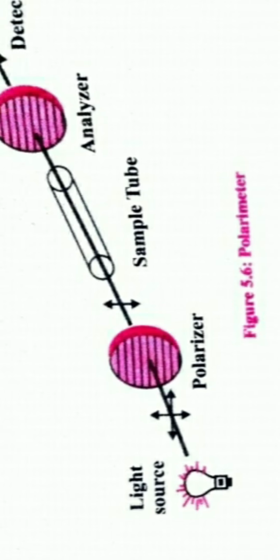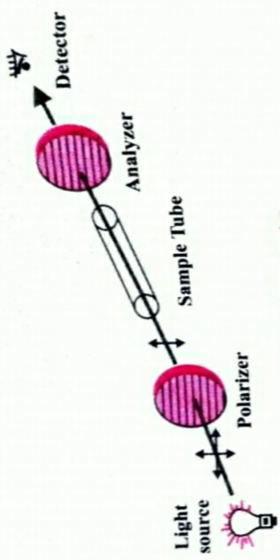When the light source passes the light, the ray of light is multidirectional. But when it passes from the polarizer, one unidirectional ray is passed from that polarizer.